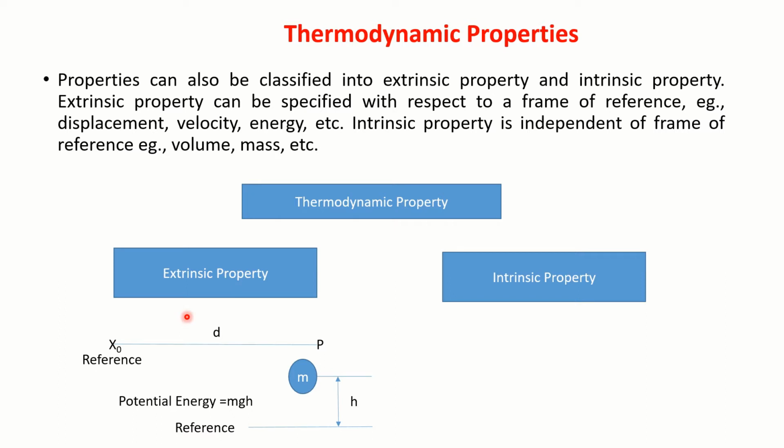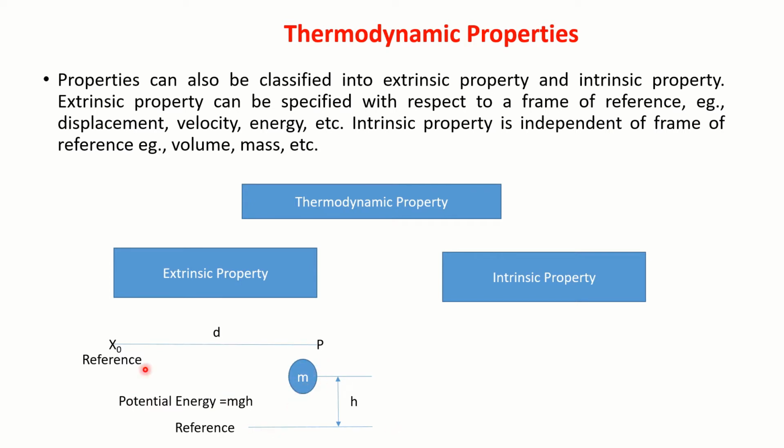Suppose I take a mass, and I ask what is its potential energy. Then the potential energy is given by mgh. m is the mass, g is the acceleration due to gravity, and h is the height from the reference point. If this is the h, then with respect to this reference, we can define the potential energy of this mass m.